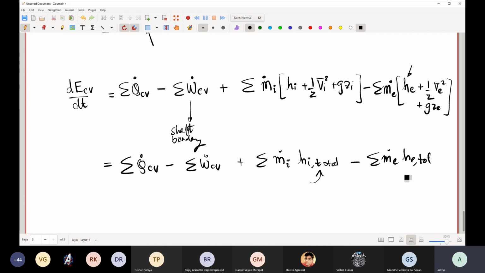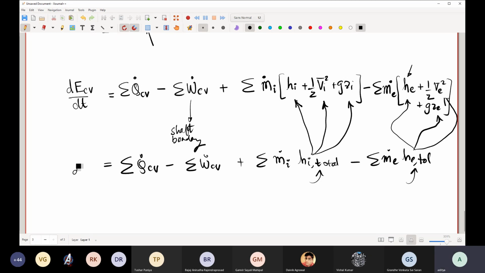So h_i total and h_e total account for the specific enthalpy plus the specific kinetic energy term plus the specific potential energy term. h_e total also accounts for the specific enthalpy at the exit plus the total specific kinetic energy plus the total specific potential energy. Have I made myself clear?